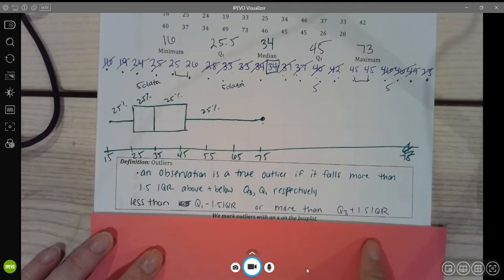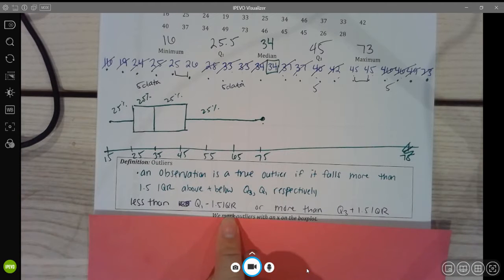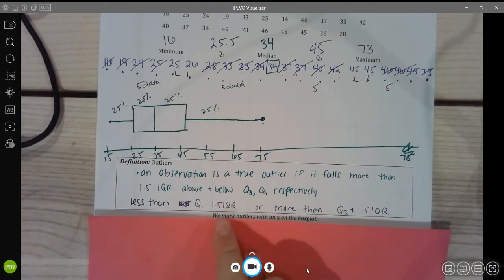What I have down here in purple are the formulas. It needs to be less than Q1 minus 1.5 times IQR, or more than Q3 plus 1.5 times the IQR. And on a box plot, you'll see outliers marked with an X.